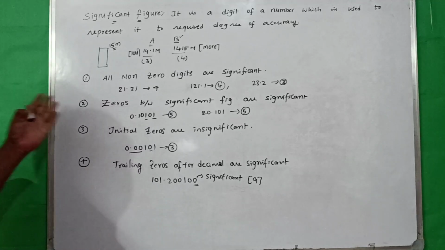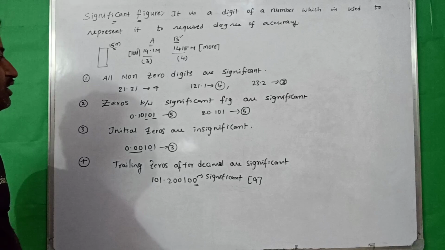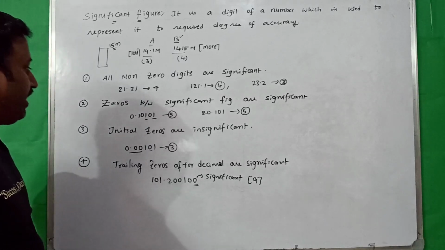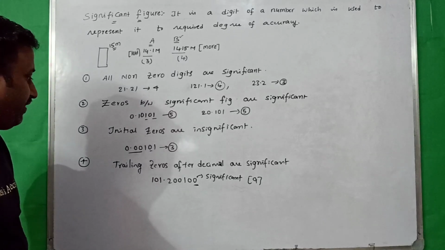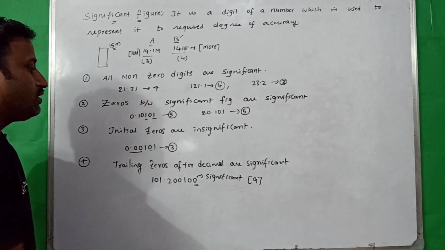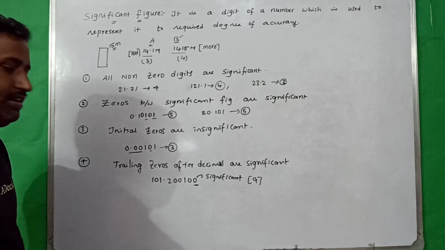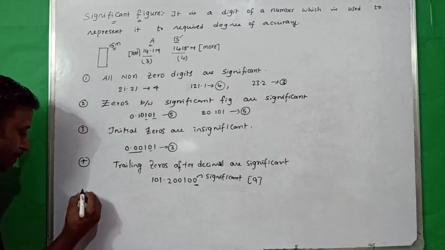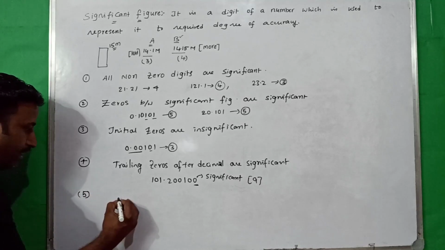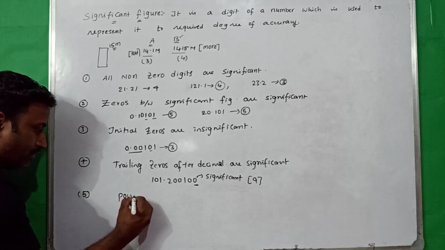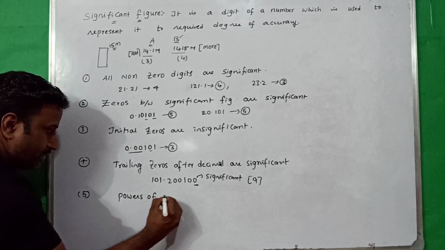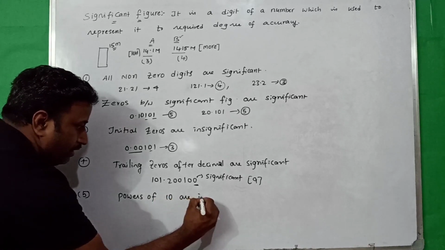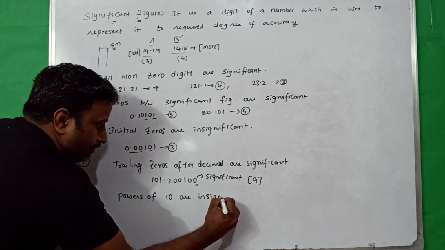So first rule, all non-zero digits are significant. Zeros between significant figures are significant. Initial zeros are insignificant. Trailing zeros after decimal are significant. And the next rule, powers of 10 are insignificant.